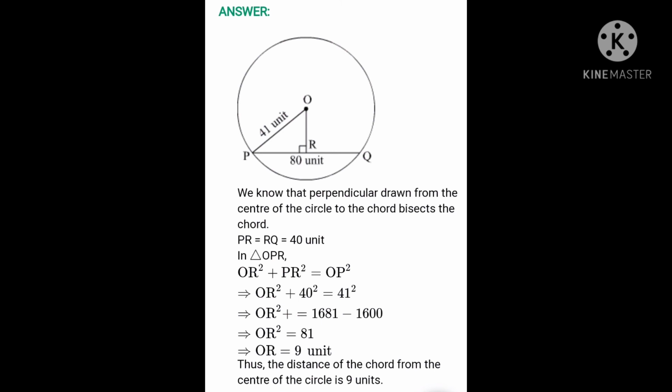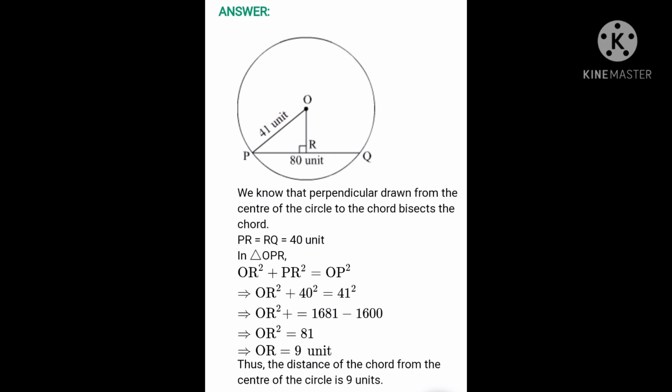Now substitute the values. OR square we have to find. PR square value is 40 square, equal to OP value 41 square. Next step, OR square plus 40 square, which is 1600, equals 41 square, which is 1681. Next step, OR square is 1681 minus 1600.